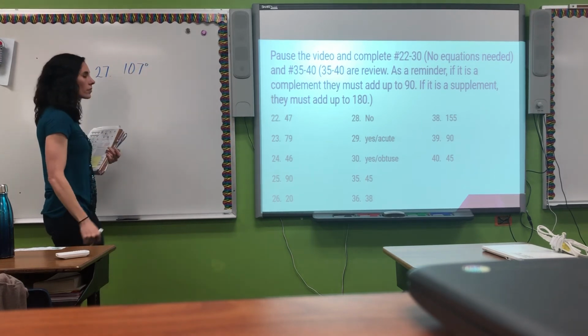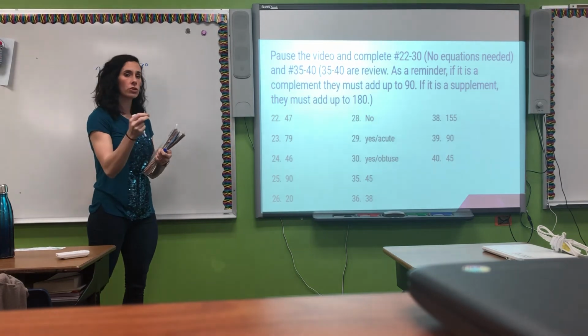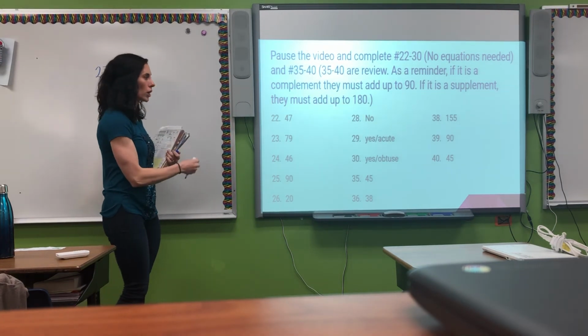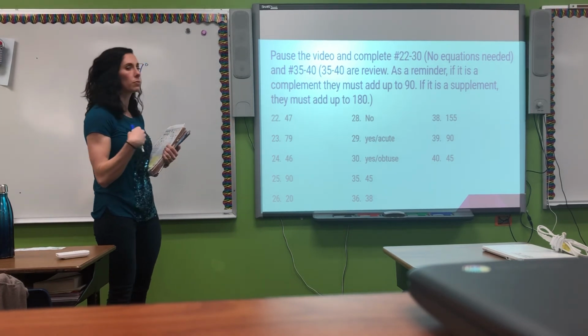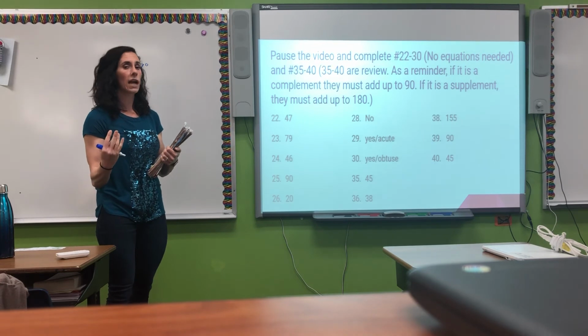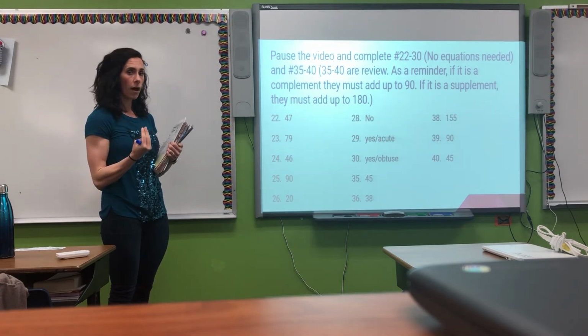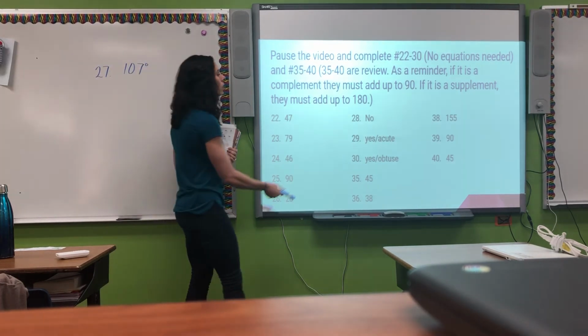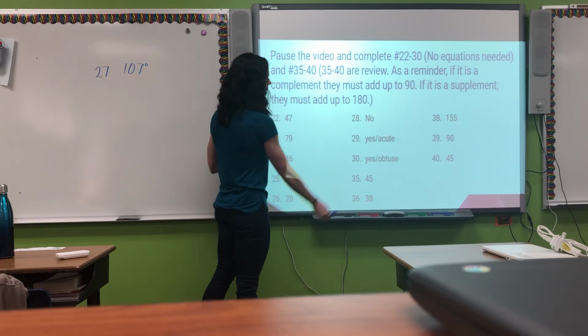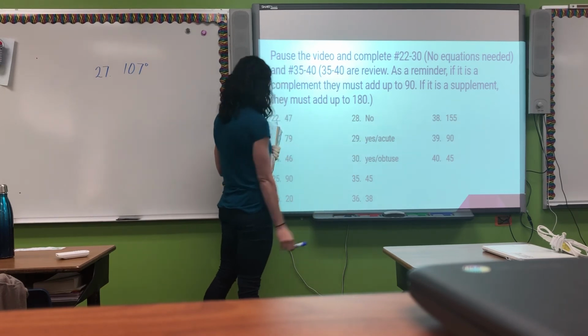So again, on all of those, you just needed to add up the two you were given and subtract it from 180. And then on 28 through 30, it was asking us, could these be angle measurements in a triangle? We needed to add them all up. If they did equal 180 degrees, our answer was yes. If they didn't, our answer was no. So 28 is no. 29 and 30 were both yes.